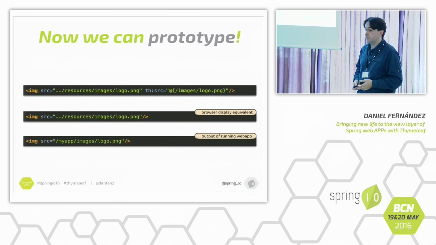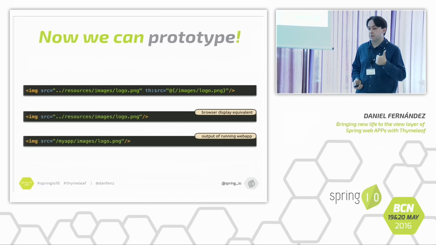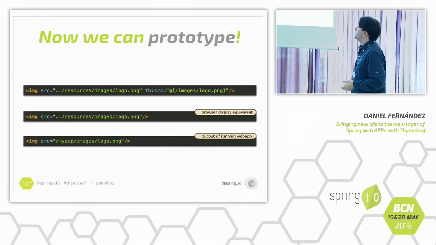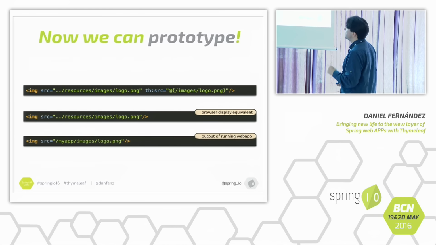Once we know this, we can have, for example, an image tag like the one you see in the first block of code, which has two attributes. An SRC, that SRC attribute will give us the static functionality, the way for the browser to actually display an image to us, that image there. But that other attribute, the th:src, will give us the Thymeleaf functionality.